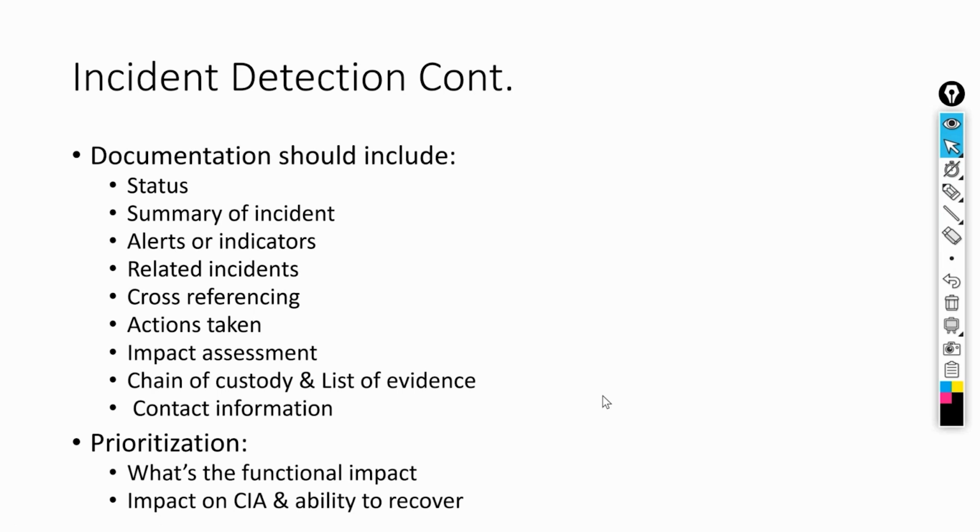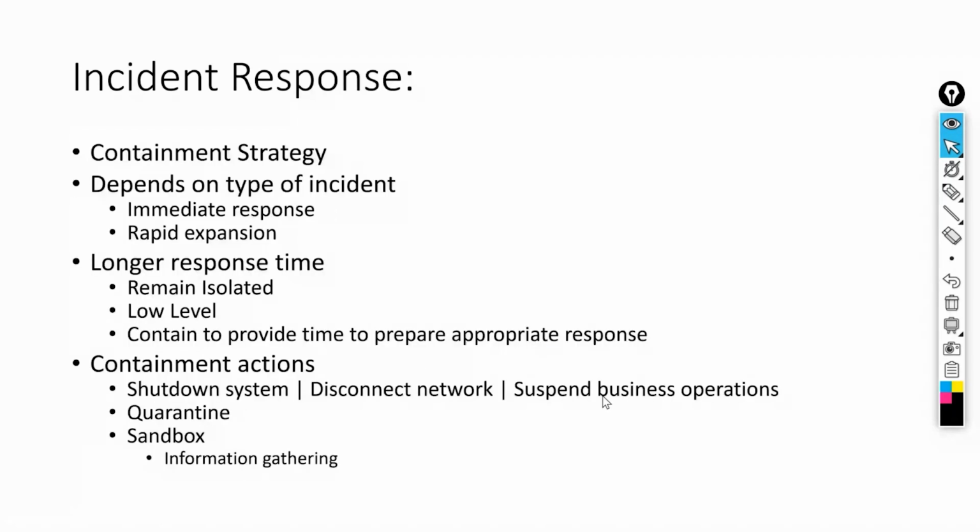Now when I'm talking about a containment strategy, it is talking about containing the incident. Let's say your system is infected with a virus, ransomware also. What is the first thing we do in ransomware? We isolate the asset so that the infection does not spread to other systems.